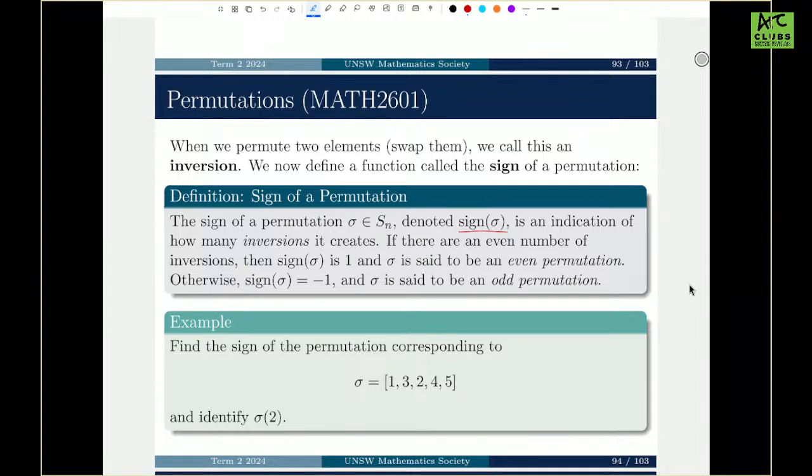It's an indicator of how many inversions we make in the permutation sigma. If there's an even number of inversions, the sign is 1, and we call it an even permutation. Otherwise, if we have an odd number of inversions, like 1, 3, 5, then the sign is -1, and we call sigma an odd permutation. So, again, quite nice.